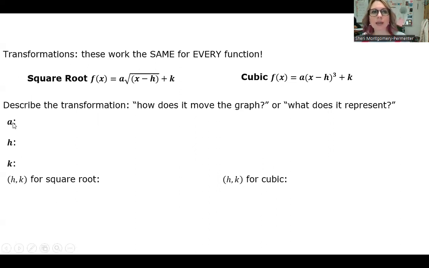So the A is the only one that can do 2 different things. Does anybody remember what A can do? It can tell you if you're positive or negative. Yes, absolutely. So it can tell you about reflections. So if it's positive or negative, that would make it reflect over X. The other thing that it can do, anybody remember what else A can do?